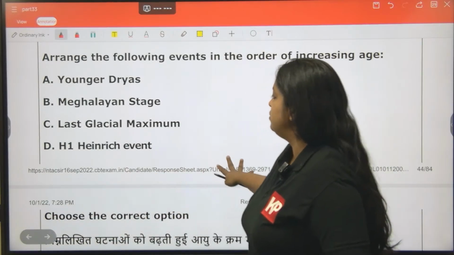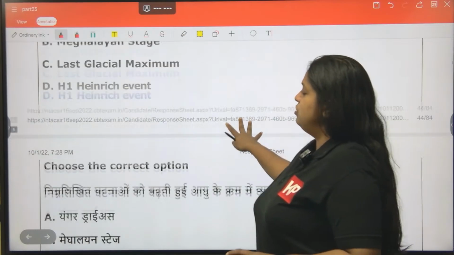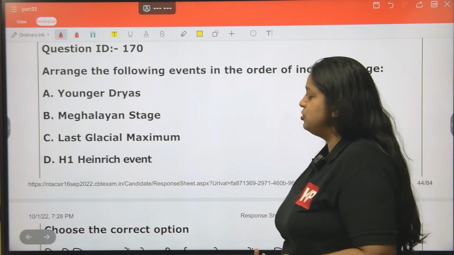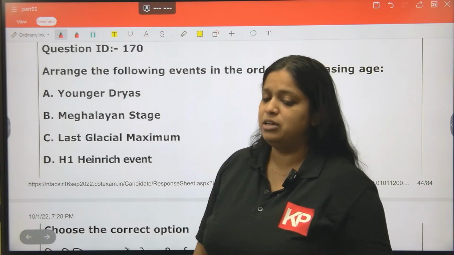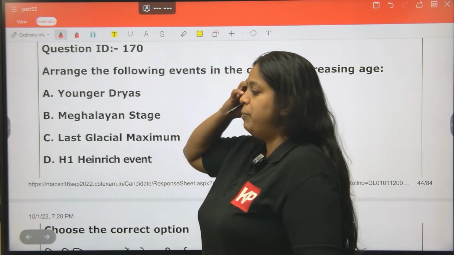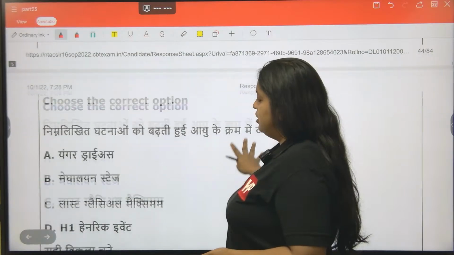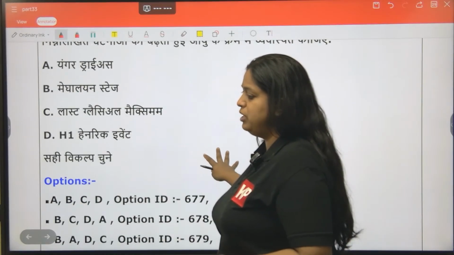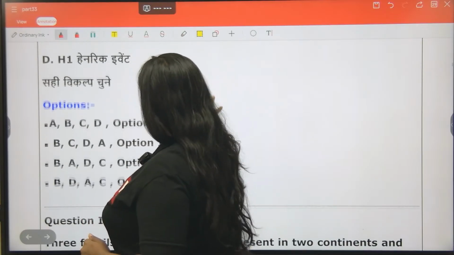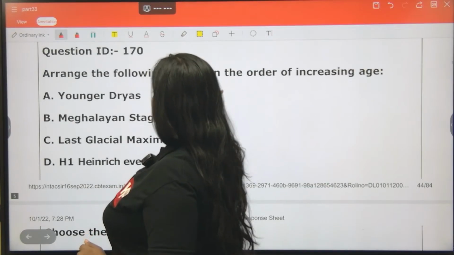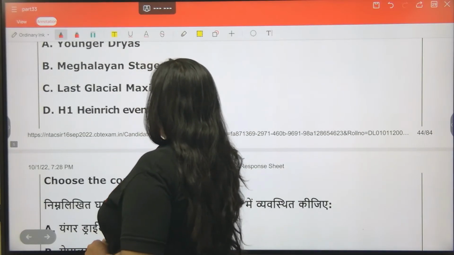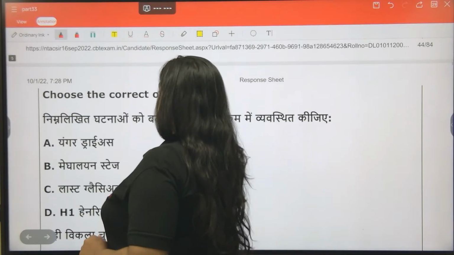That situation is called the Heinrich event. This is associated with stratigraphy, different major tectonic or stratigraphic events that have happened. So the answer would be C, BADC. First is Meghalayan stage, Younger Dryas, H1 Heinrich, last glacial maximum. That's the order.